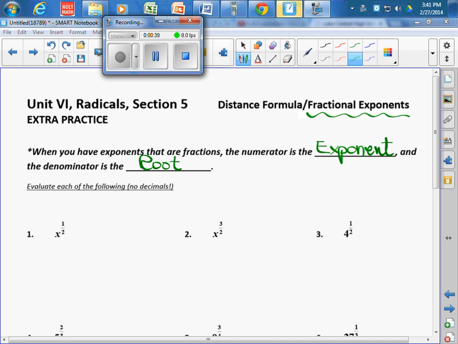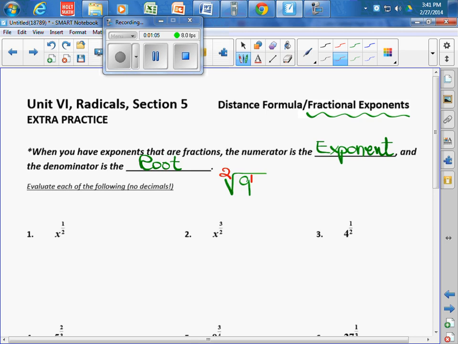Let's say we have the square root of 9. Well, 9 is raised to what power? It's got an exponent of 1, doesn't it? But the other thing that's not written here is a number right up here, and it's called the second root, or we commonly say the square root.